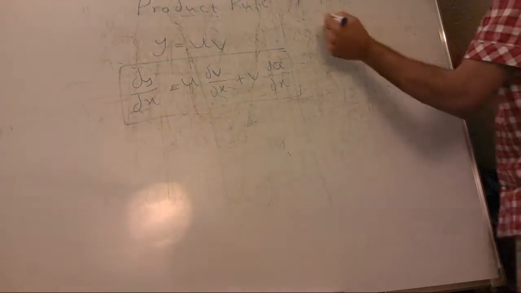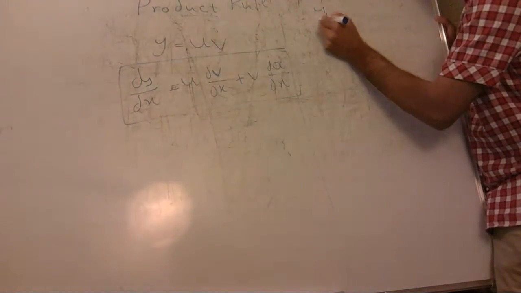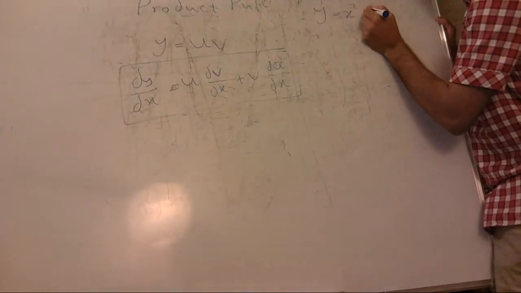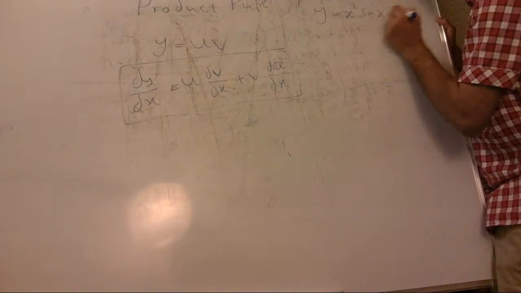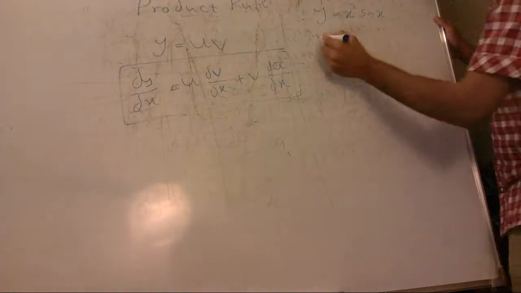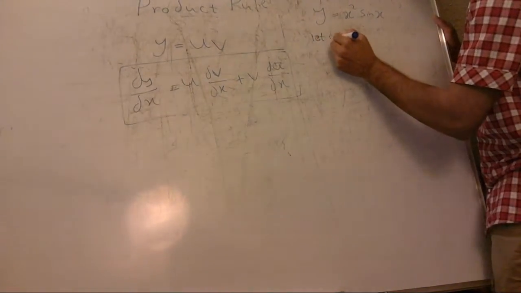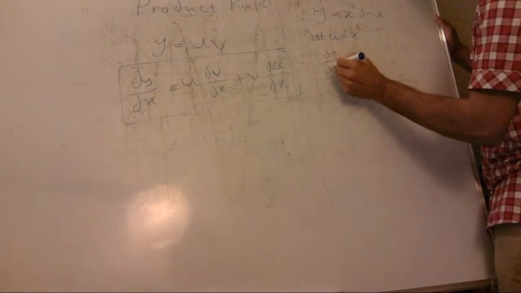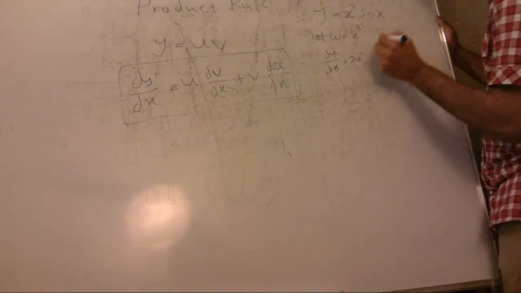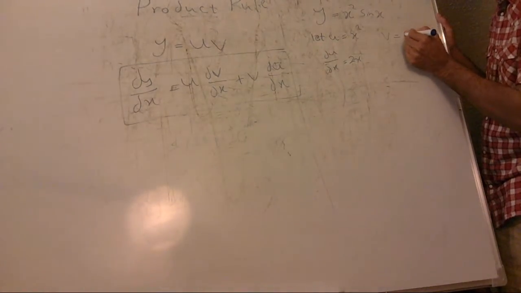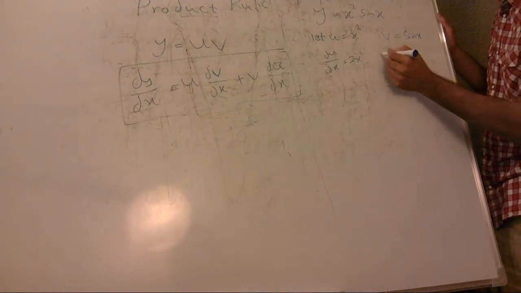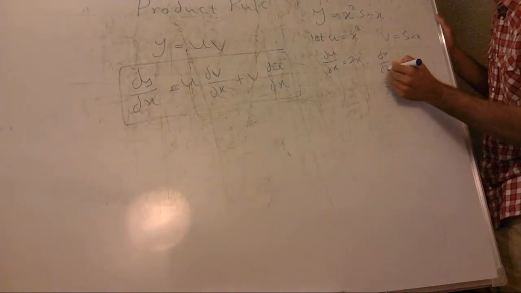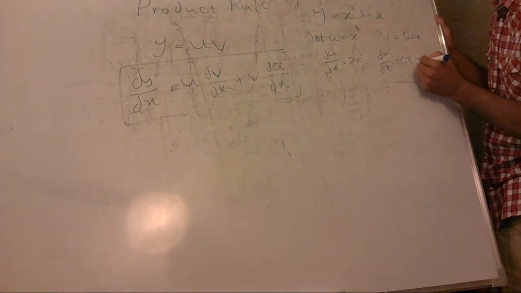Okay, so let's see, if we have y equals x squared sine x. So let u equal x squared, so du/dx equals 2x, and v equals sine x, and dv/dx equals cos x.